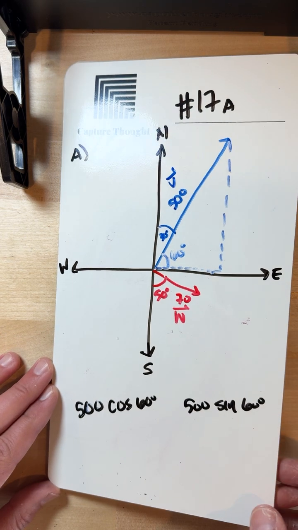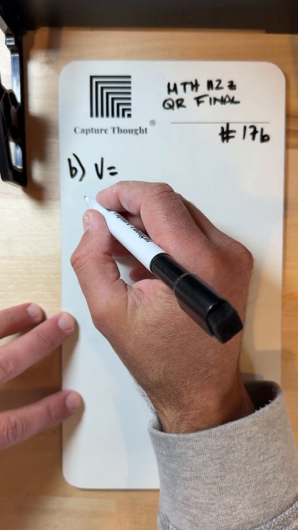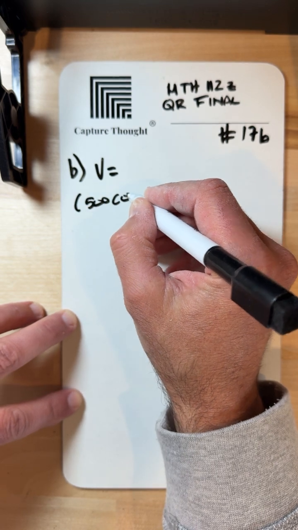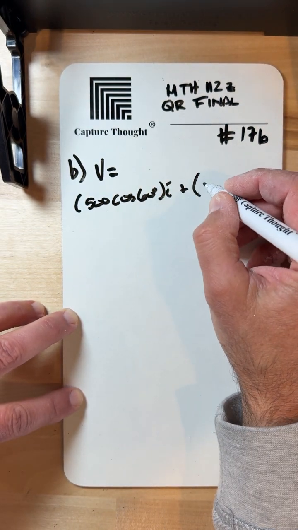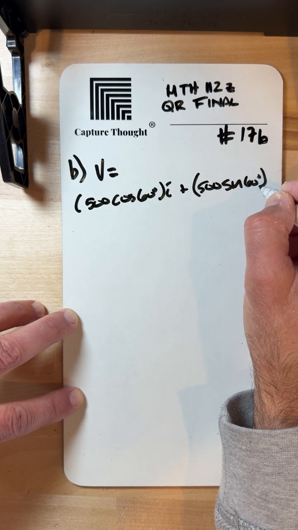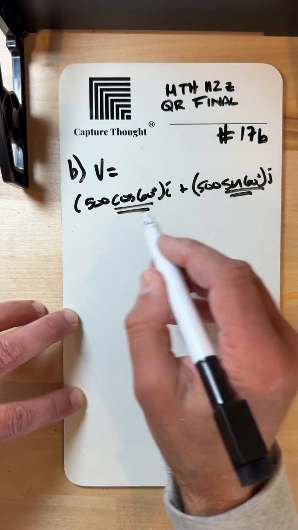So I'm going to write those over here on the other side. V is going to be represented by 500 cosine 60 degrees, and that's the I component, and then 500 times the sine of 60 degrees, that's the J component. Now we know what these are.